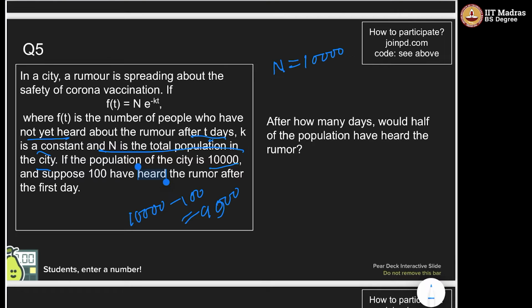So when t equals 1, f(1) is basically equal to 9,900.